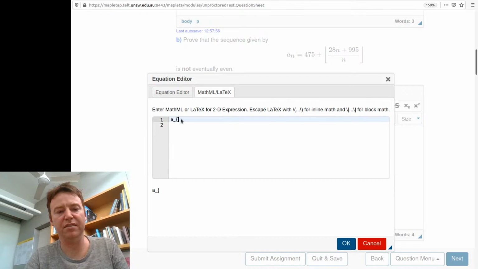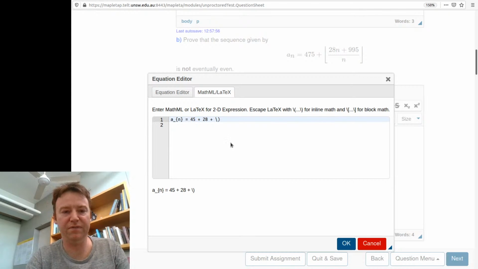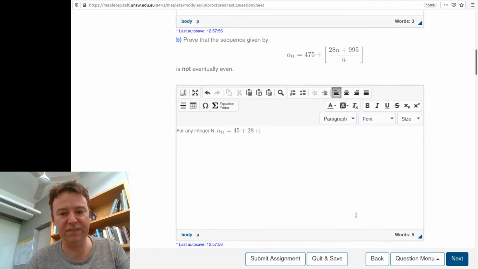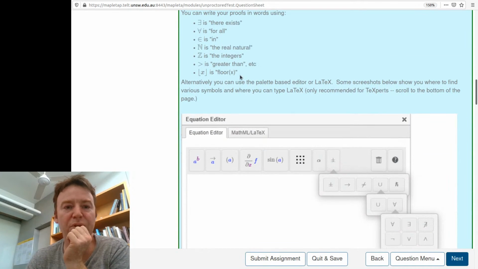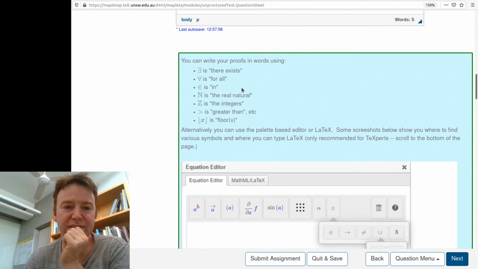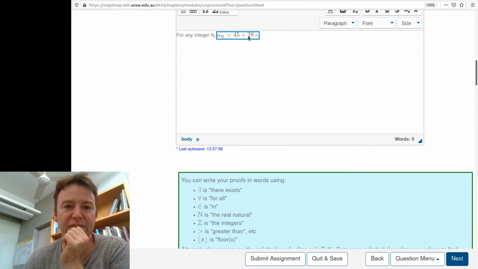I'm going to write this as N equals 45 plus 28 plus 99. How do I write floor again? I need to check the instructions. Floor. There you go. That's nice. I didn't know that.